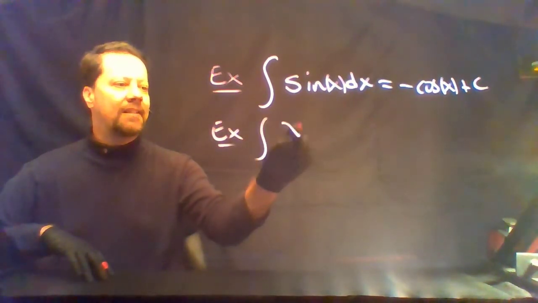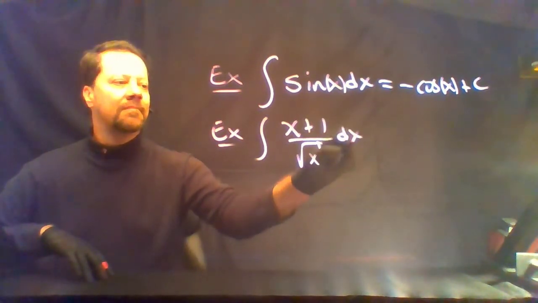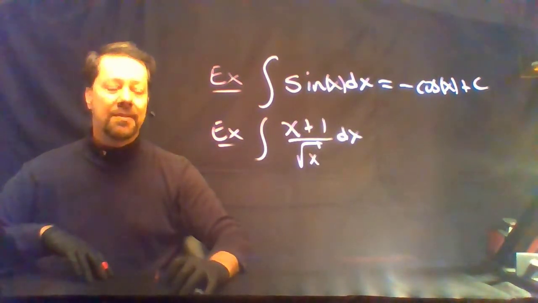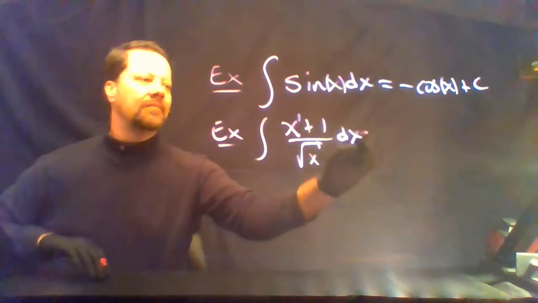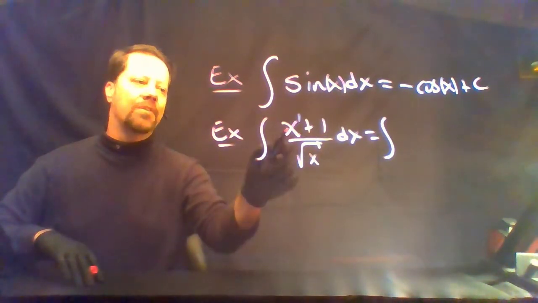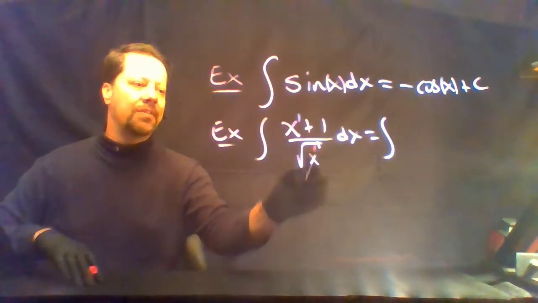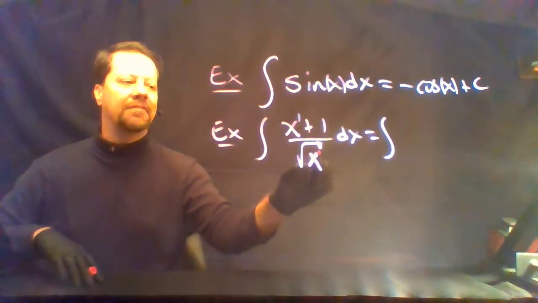Let's integrate x plus 1 over the square root of x. First, you have to think of x as being x to the power 1. We'll rewrite this by breaking this into two fractions. On the first one, remember to subtract exponents, where the square root of x is x to the 1/2.